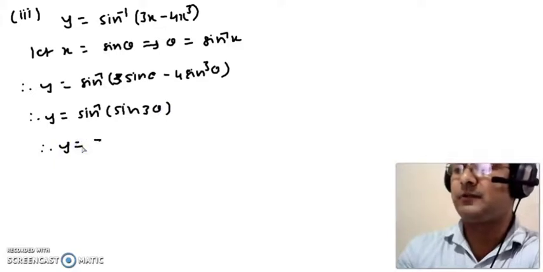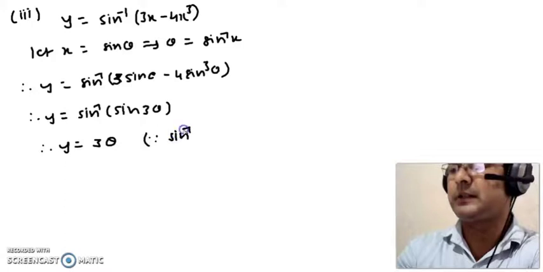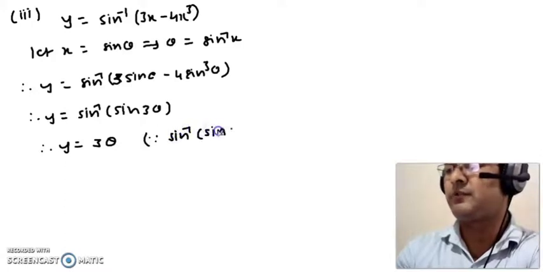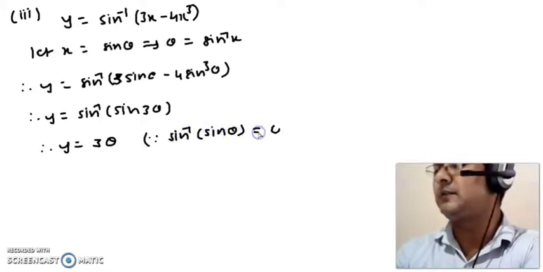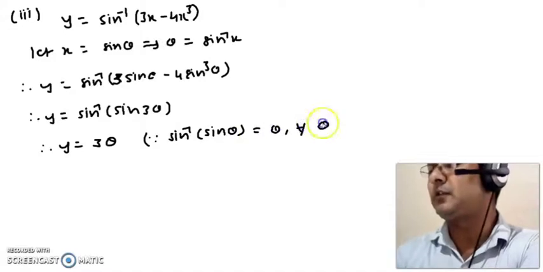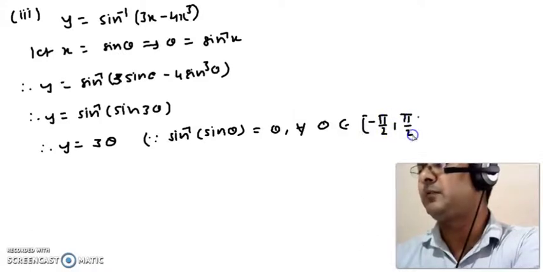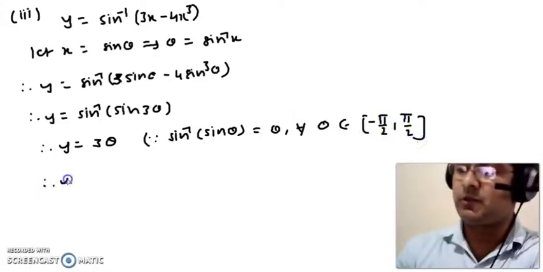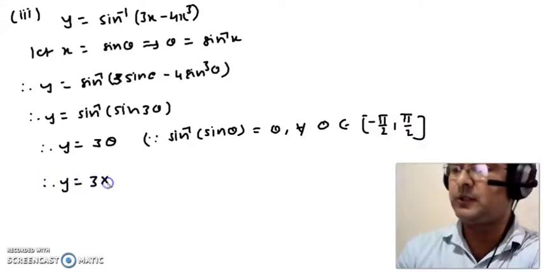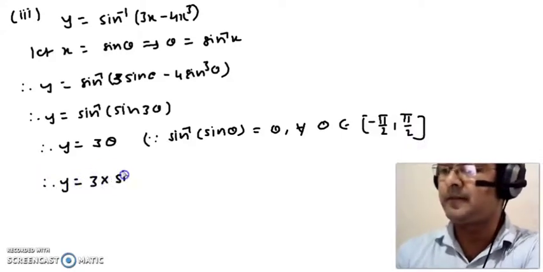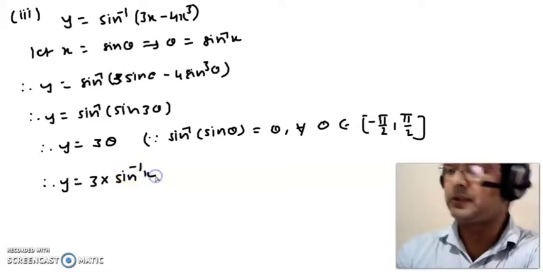Therefore y is equal to 3 theta, since we know that sine inverse of sine theta is equal to theta for all theta belongs to minus pi by 2 to pi by 2. Okay, and therefore y is equal to 3 into value of theta, sine inverse x.